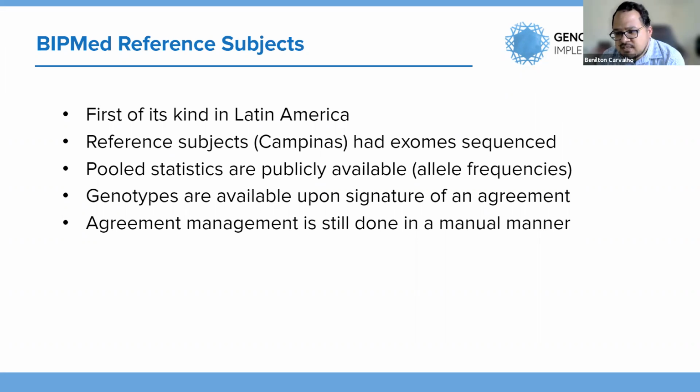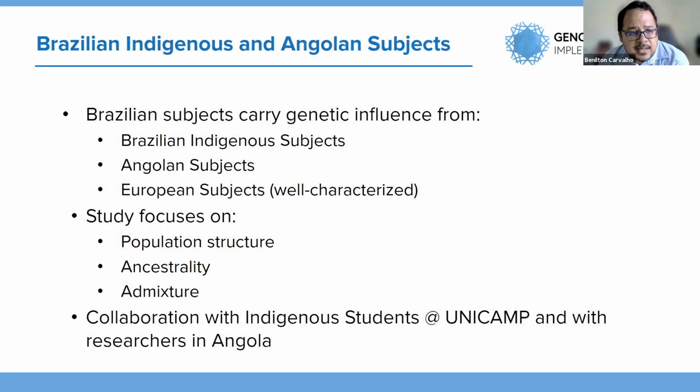However, individual data like genotypes are available upon the signature of an agreement, and the management of such agreement is still done in a manual manner. Now, this is something where we already see applications for tools that have been developed under the GA4GH framework. I'll point them out later.